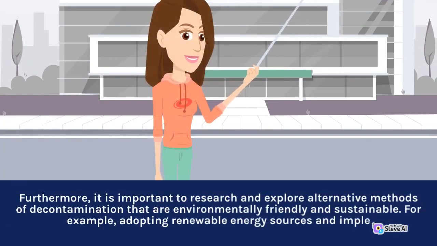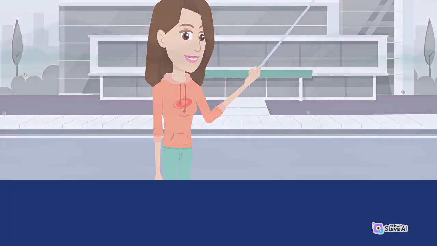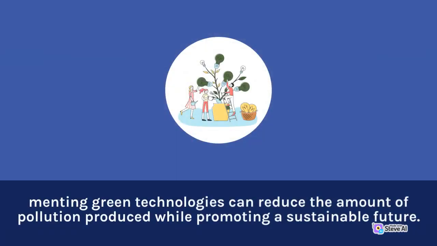Furthermore, it is important to research and explore alternative methods of decontamination that are environmentally friendly and sustainable. For example, adopting renewable energy sources and inventing green technologies can reduce the amount of pollution produced while promoting a sustainable future.